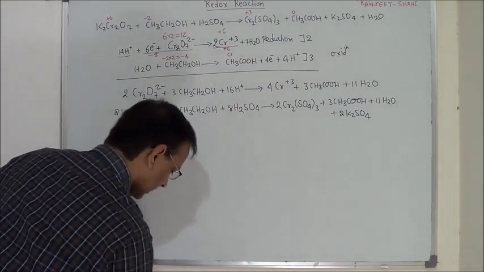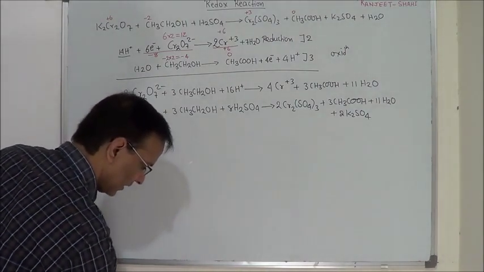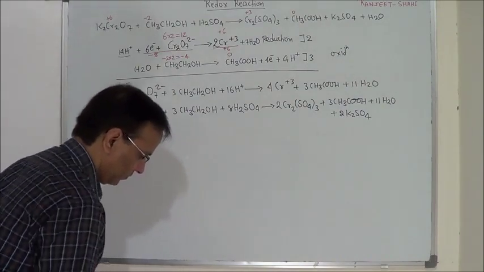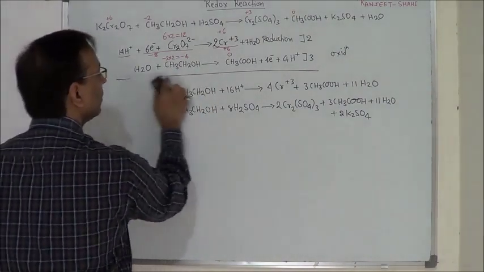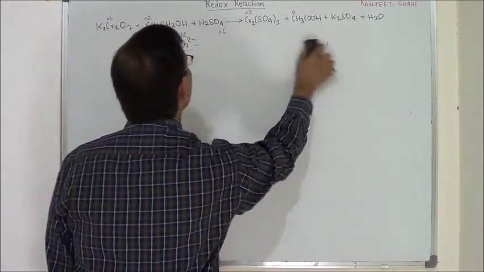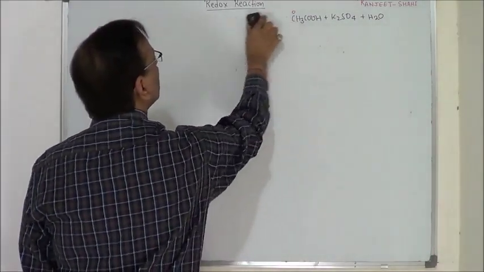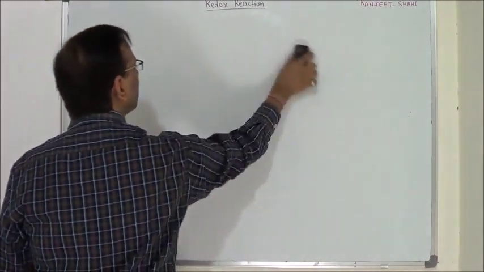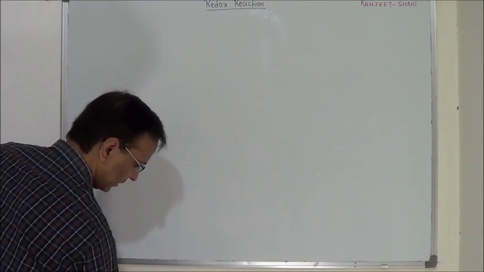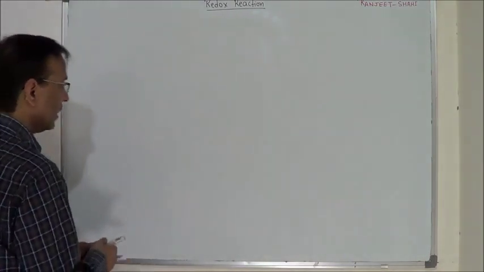So let us take some more example for balancing of redox reaction. Some more example for balancing of redox reaction we are going to take here. Now let us take a redox reaction for balancing purpose.